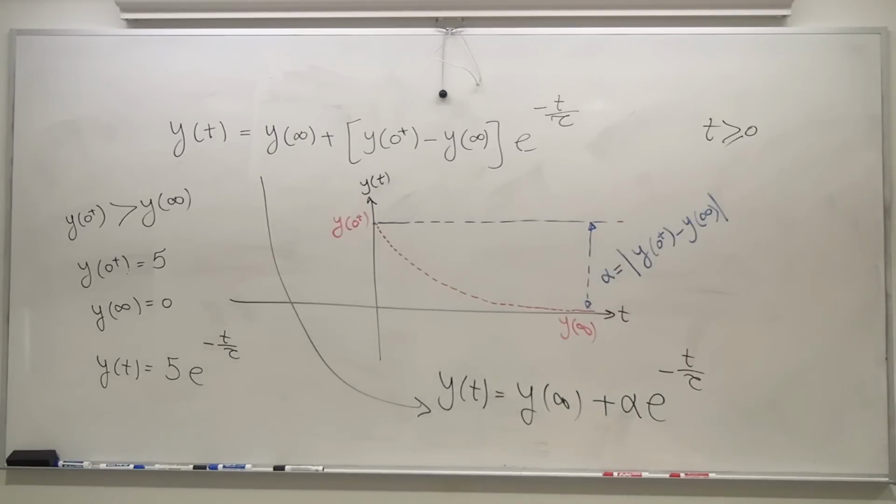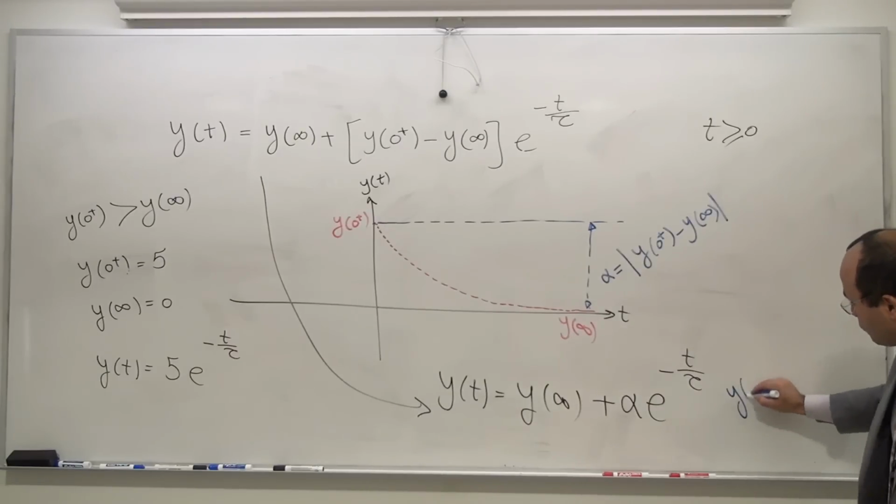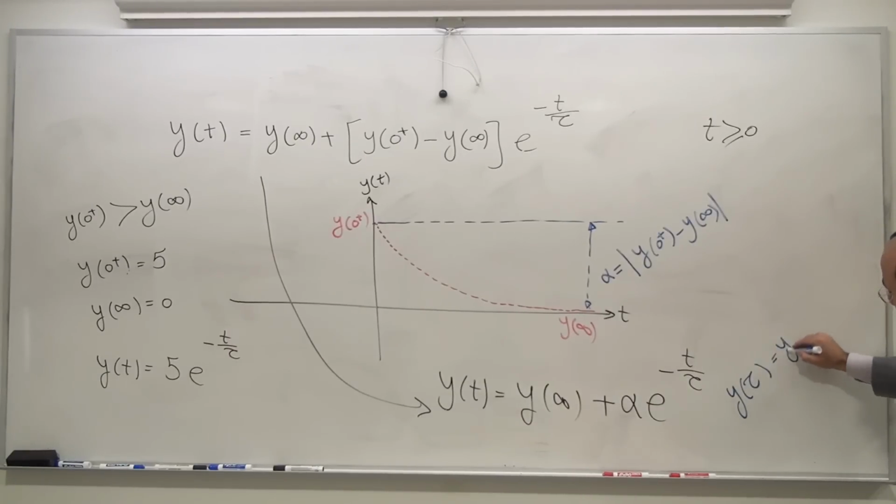Now I'm ready to replace t with tau. For t equal to tau, this is going to be y of infinity plus alpha e to the power of minus tau divided by tau. Tau over tau gives me 1, so e to the power of minus 1. We already know it's about 0.37. So this is going to be y of infinity plus 0.37 alpha.